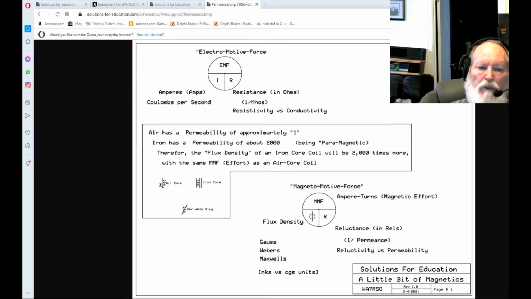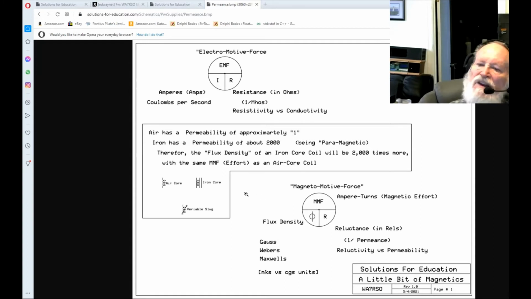Now, what I'm saying back here is, if you have an air core coil and you run 3 amps through that coil, you will have a certain amount of magnetic effort. So how much flux is there? Well, if it's an air core, it has a permeability of 1. You say, wait a minute, what's permeability?